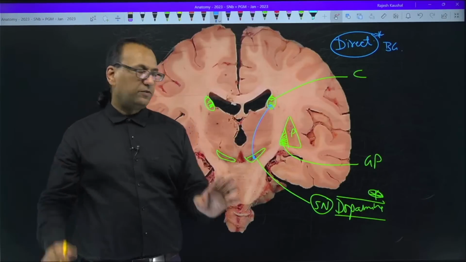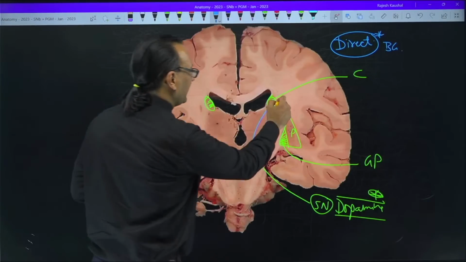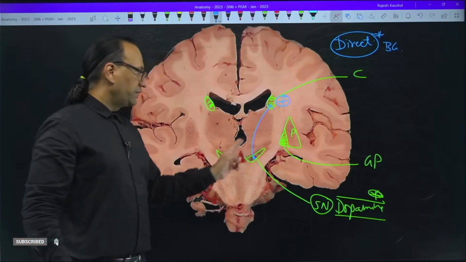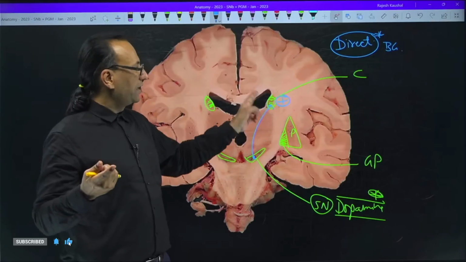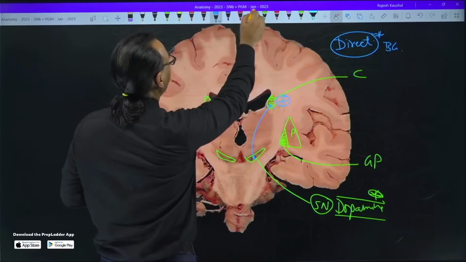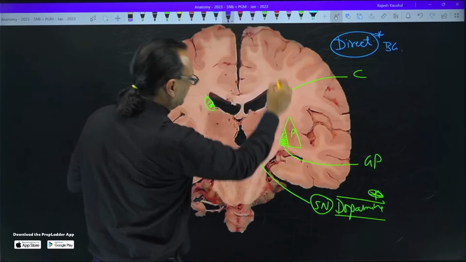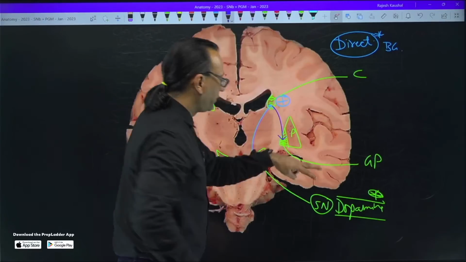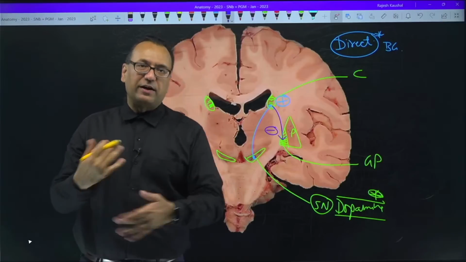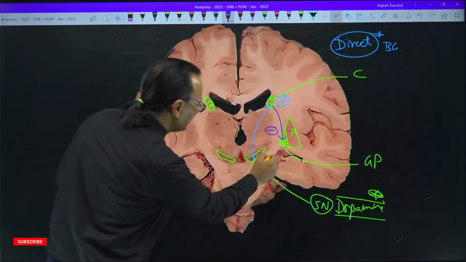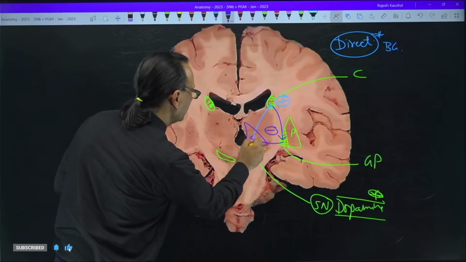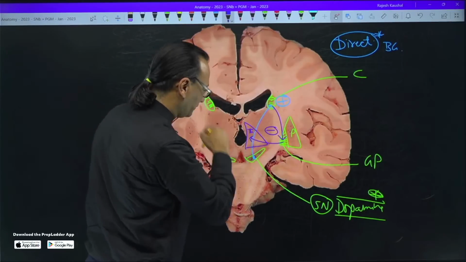Using dopamine, it is excitatory to the caudate. So first, from the substantia nigra to the caudate nucleus, you are giving a positive, which is dopamine. But then the caudate itself uses another pathway on the globus pallidus, which is negative, GABA. So it will inhibit the globus pallidus. And the globus pallidus itself will inhibit the thalamus, which is here. This is the thalamus.